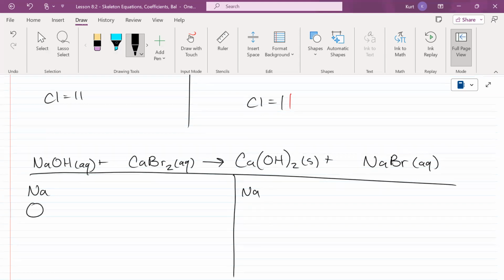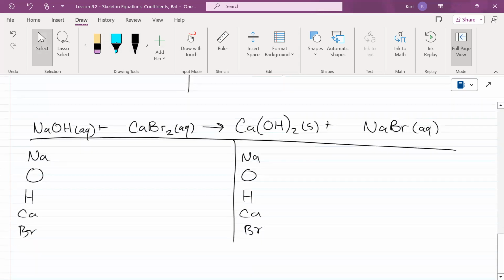Oxygen, hydrogen, so far so good. Calcium, and very good. Okay, that's it. That's the first step. Just identify what the elements are.